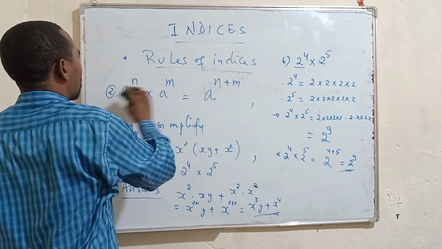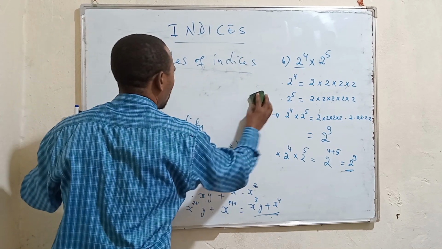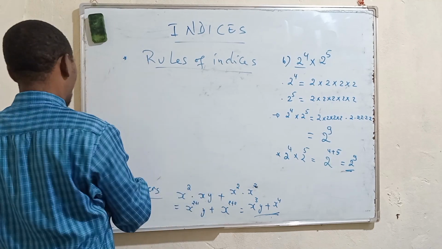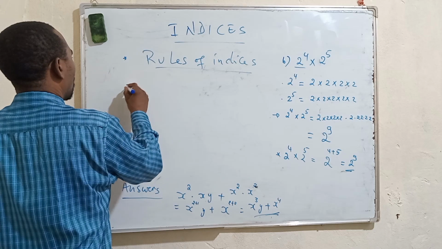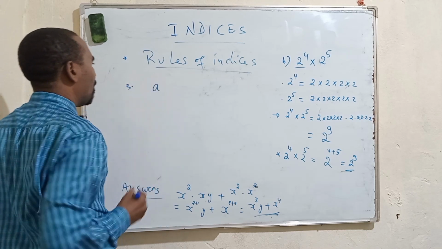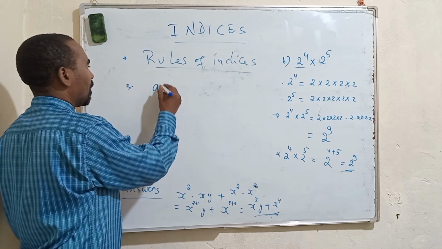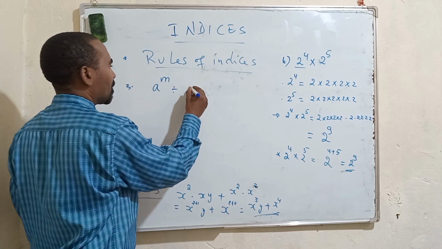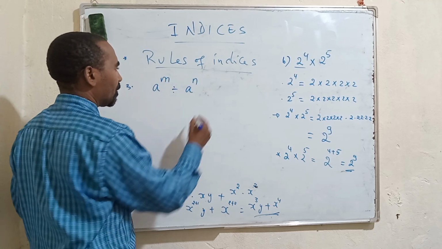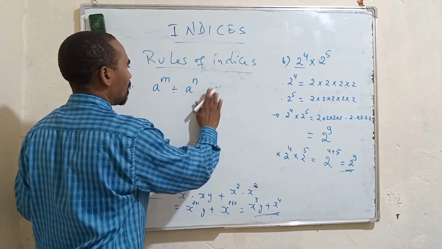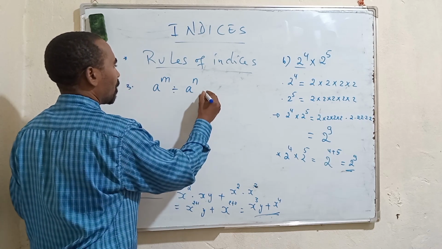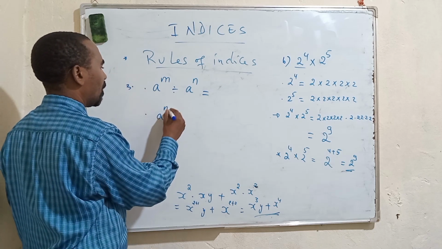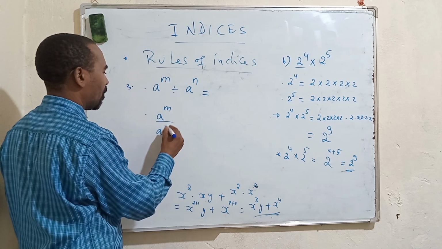We can now put the rule number 3. When you have a power m dividing by a power n, this can be written as a power m over a power n.